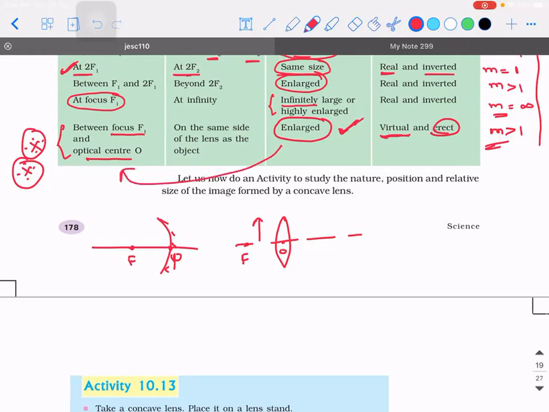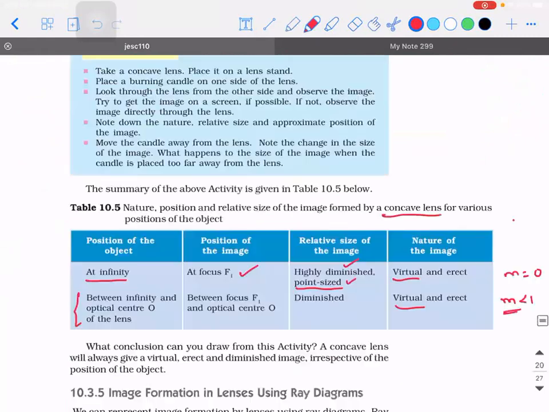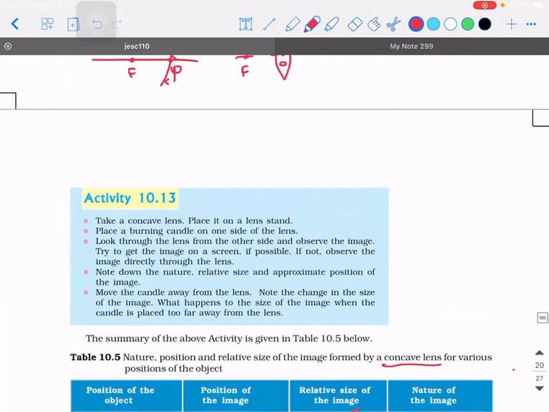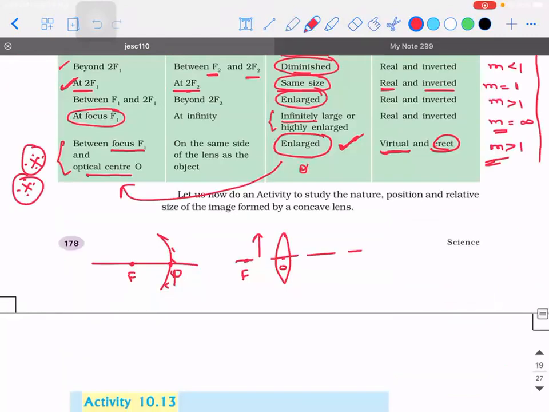So are you able to understand? A concave lens will always form a virtual image, and that virtual image is always diminished. It is either highly diminished or diminished. Whereas out of the 8 ray diagrams that are possible, there is only one scenario with respect to a lens where you will get an enlarged image. The other name for enlarged is magnified. Both mean the same.